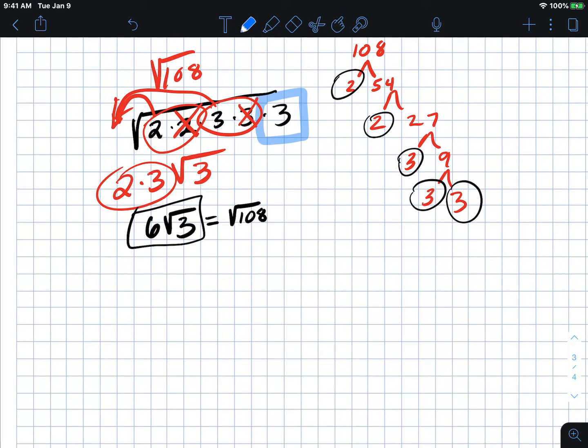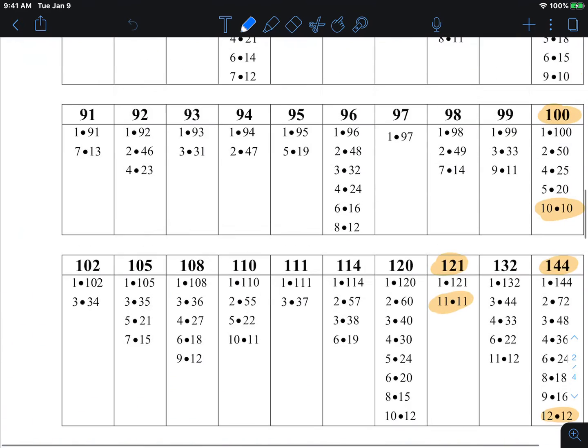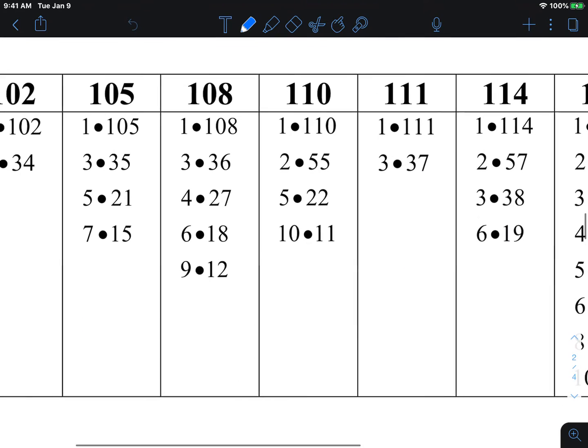But the other way is to use your factor list. So I'm going to do 108 and use the factor list. Right? I'm going to look for 108 on that factor list. There we go. All right. So there's 108, right?